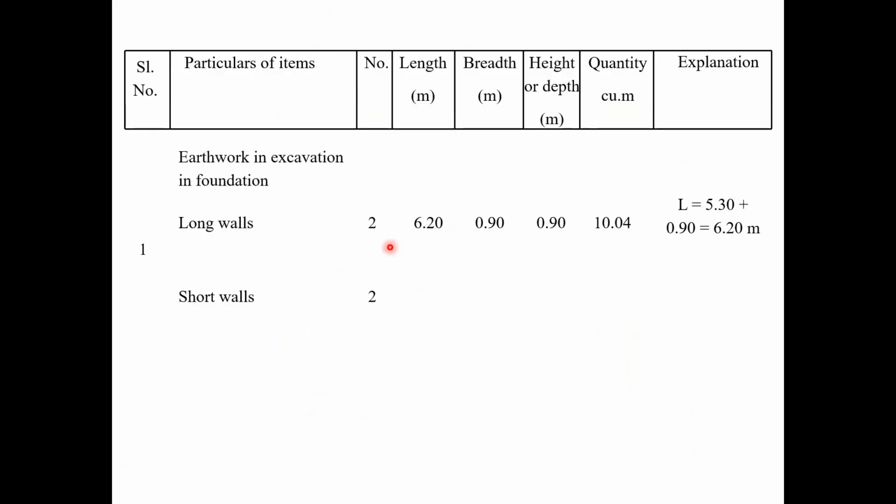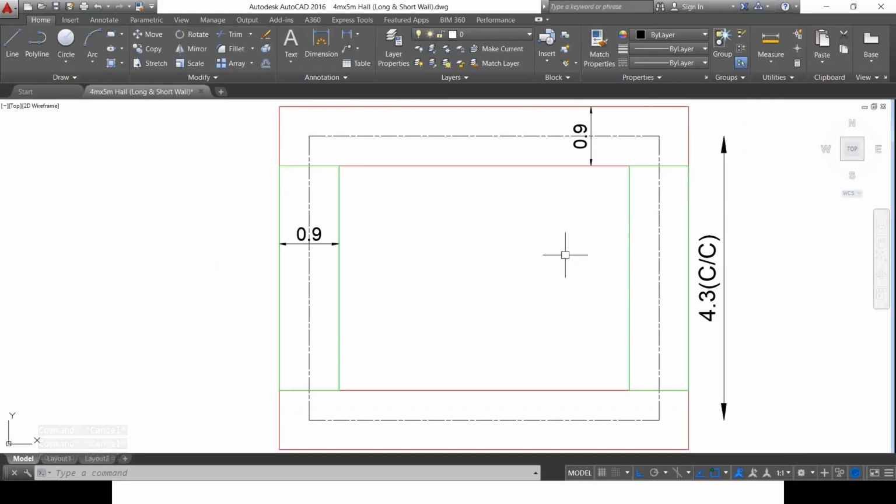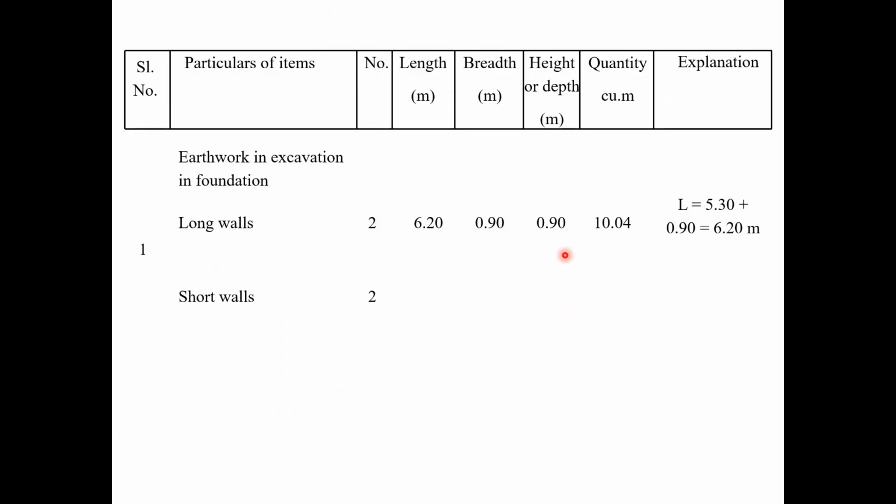Now let me go back here. So numbers are 2. Now the length is 4.3 minus 0.9 by 2 plus 0.9 by 2, where we are getting it as 3.4 meters. Now the width is 0.9 meters and the height or depth is 0.9 meter.